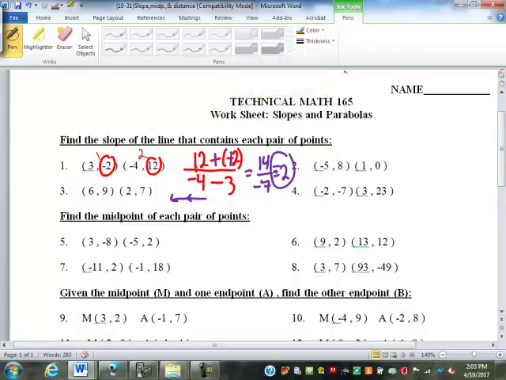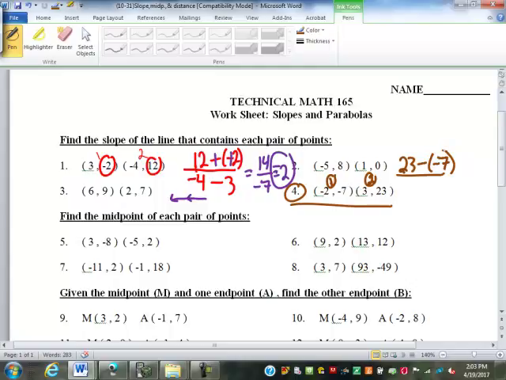Perfect. I'm going to jump down here to this one, number 4. So what's going to go on top for that one first? 23 minus negative 7.